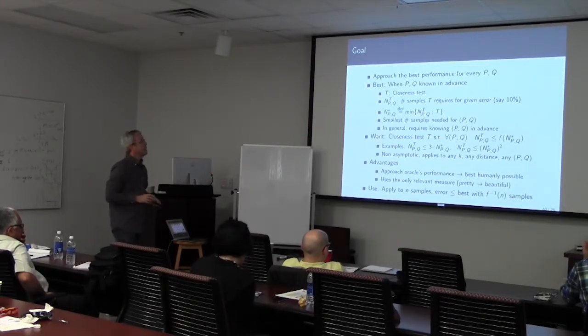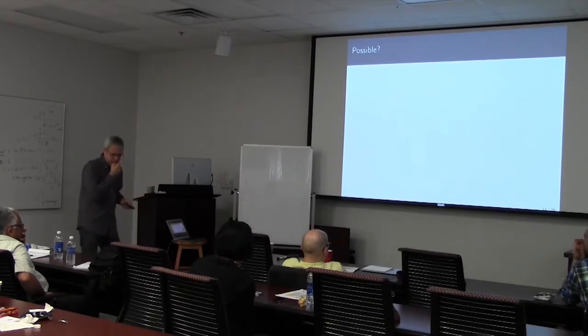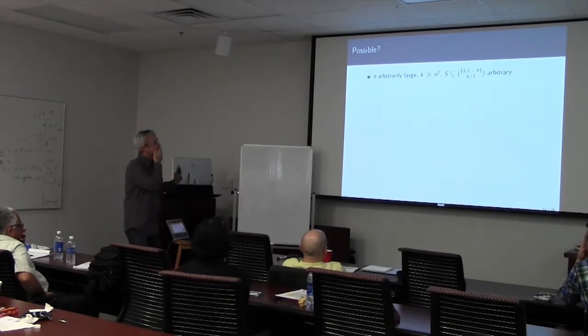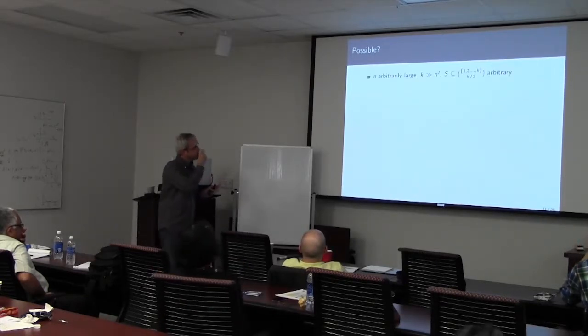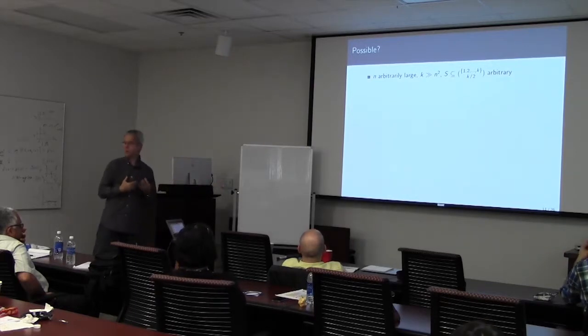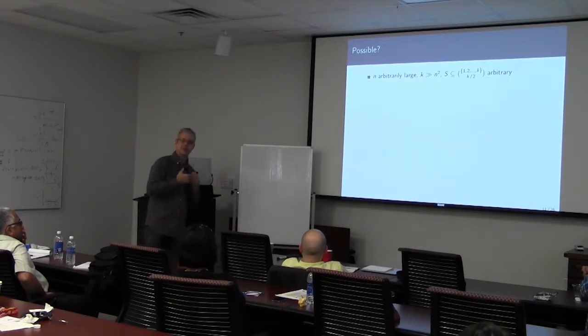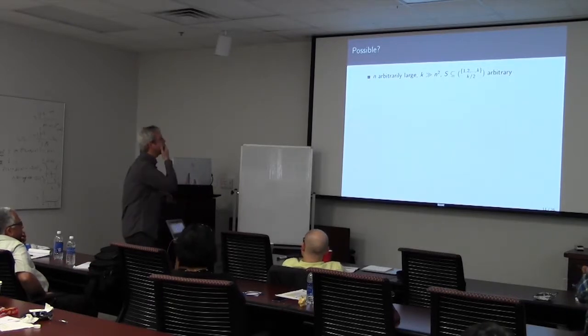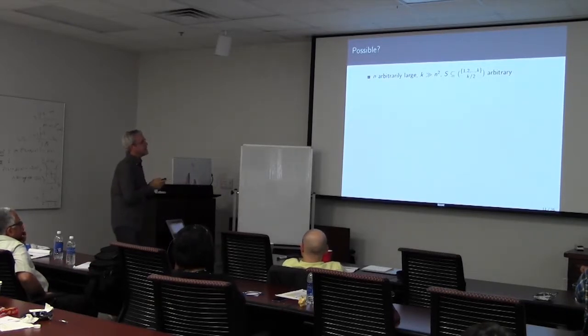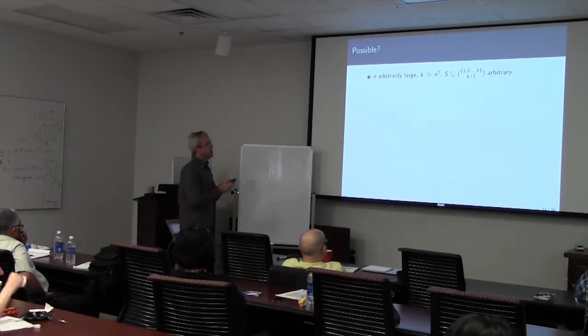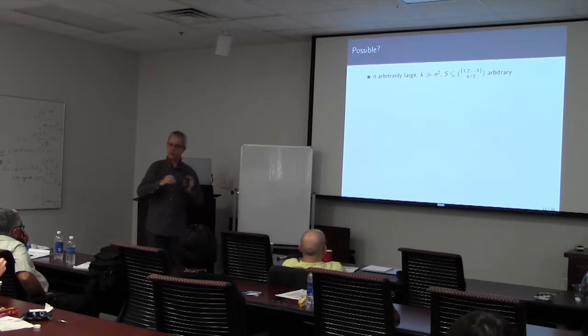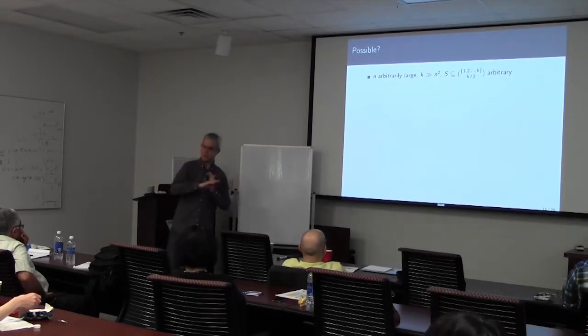Okay. So first question, is this possible? Can we get something which is competitive with a person who knew the distribution? So let n be the number of samples, arbitrarily large. And we want a result that does not depend on k. The result should hold for any P and Q, so any alphabet size.